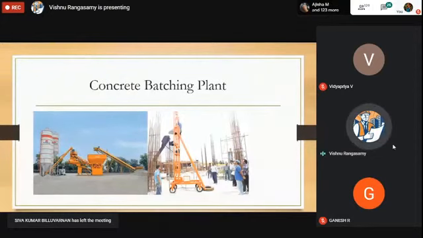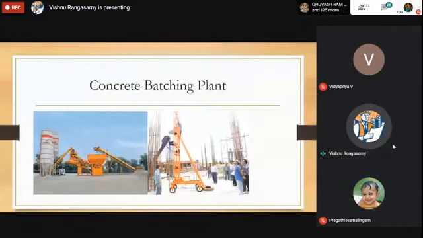The second image shows that you can cast a big column up to 10 feet in height within a short span. When you pour the concrete, you do not need manual labor for vibration. It will do both works: it will batch the concrete and do the vibration. So these are some of the modern technology and units being used in day-to-day construction works.